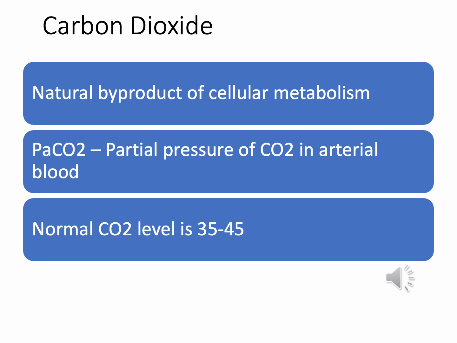So if the PaCO2 is greater than 45 millimeters of mercury, it's related to hypoventilation or excessive CO2 retention. Therefore, the patient is in acidosis. If the PaCO2 is less than 35 millimeters of mercury, it is related to hyperventilation or excessive CO2 exhalation, and therefore the person is in alkalosis.